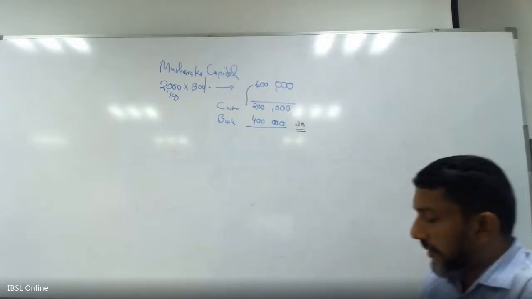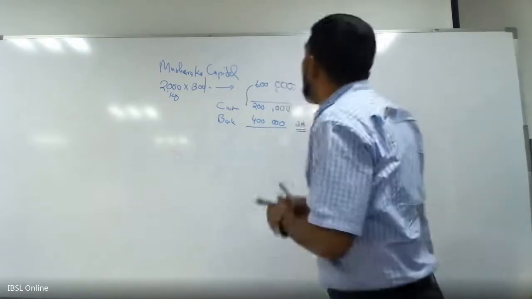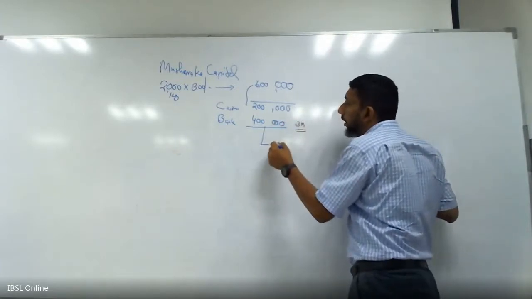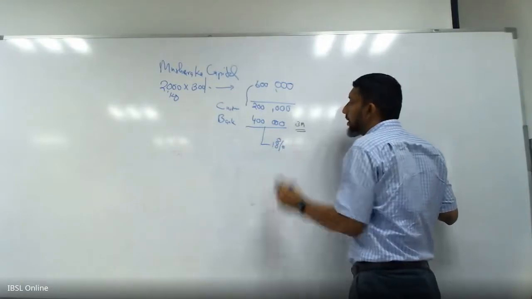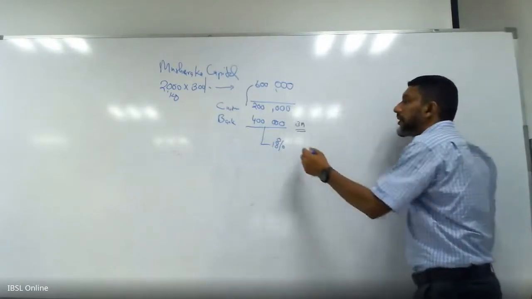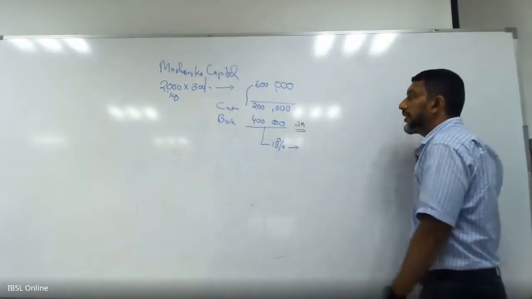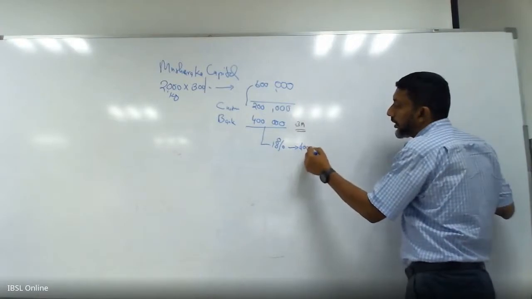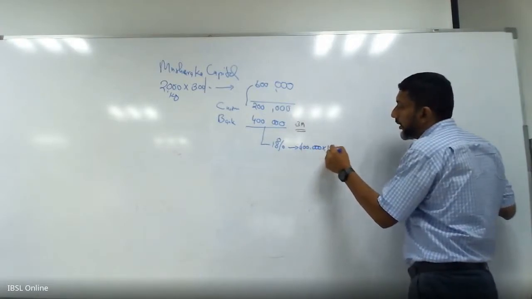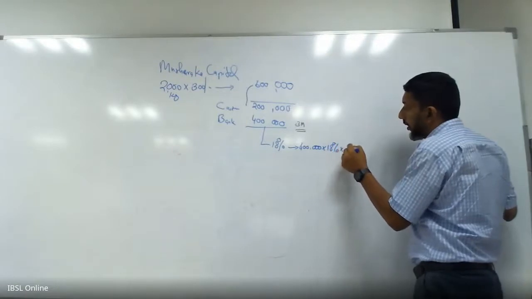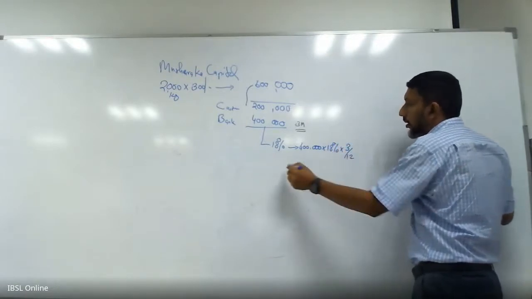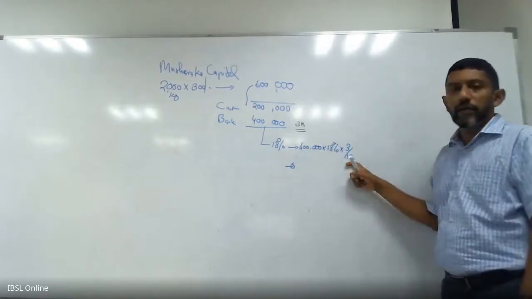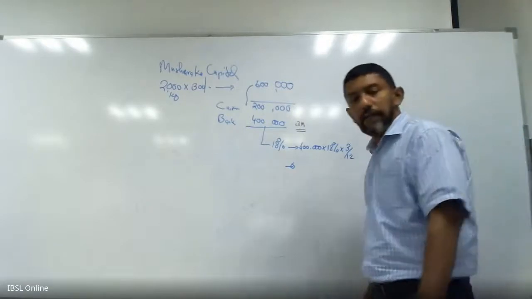So that's our start. The bank is going to fund for 3 months, and the rate it's going to use is 18%. So the bank is expecting a return from this facility. How much? 400,000 into 18% into 3 divided by 12, that's the tenor.